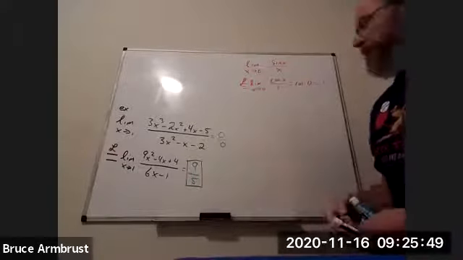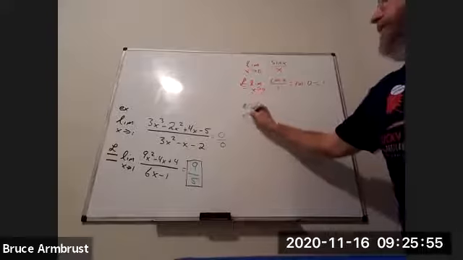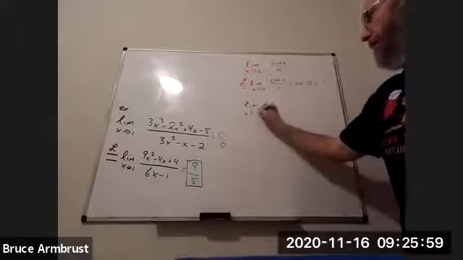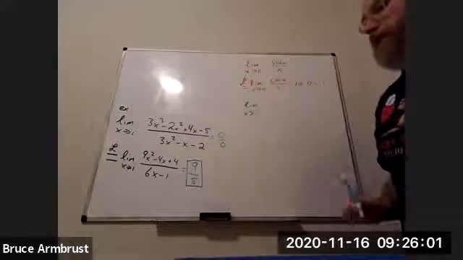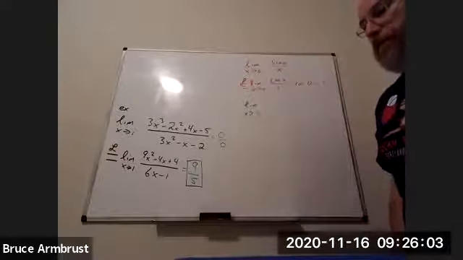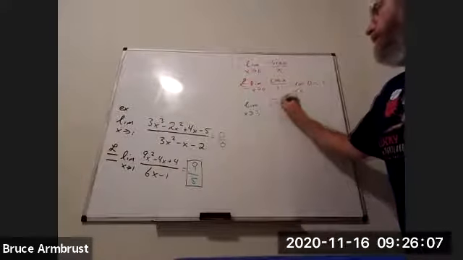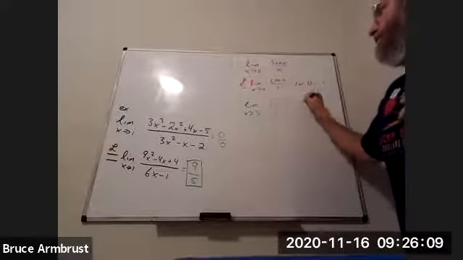But let's try this. Let's take the limit as x goes to, let's say, 3, and let's go with the square root of x plus 6 minus 3 over x minus 3.